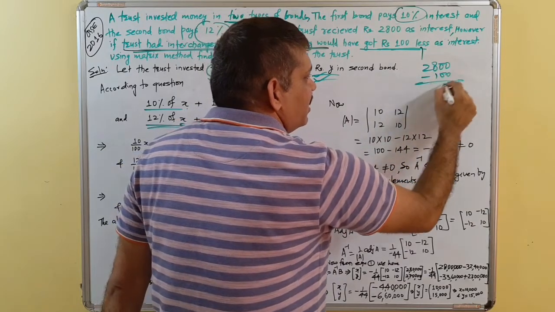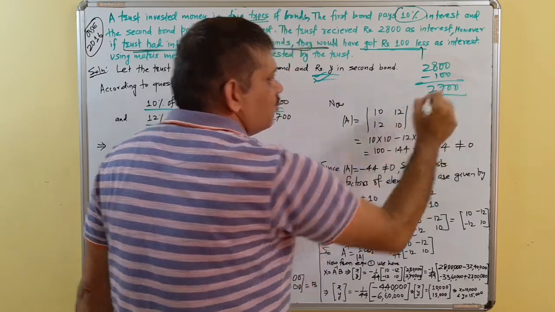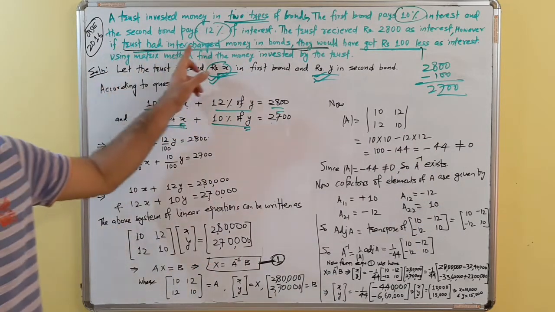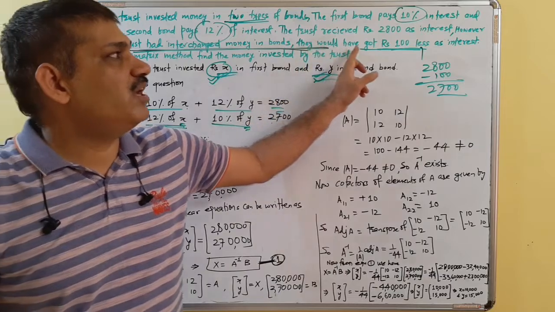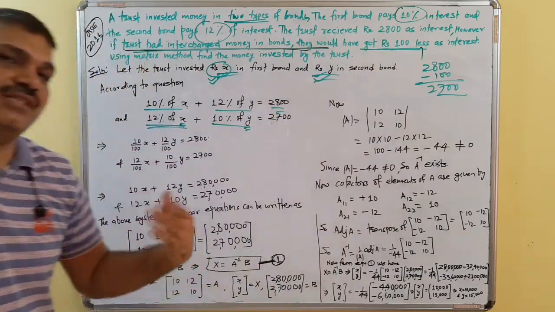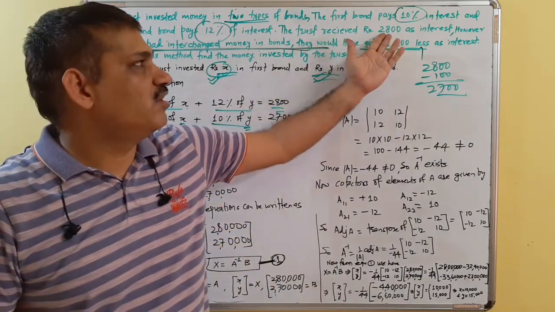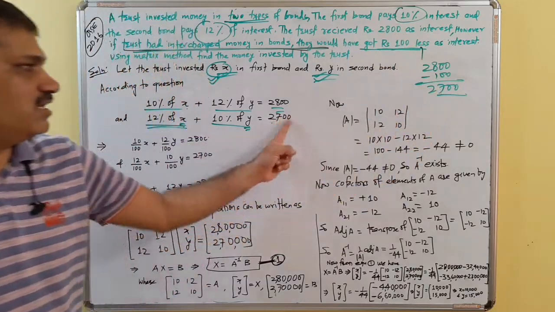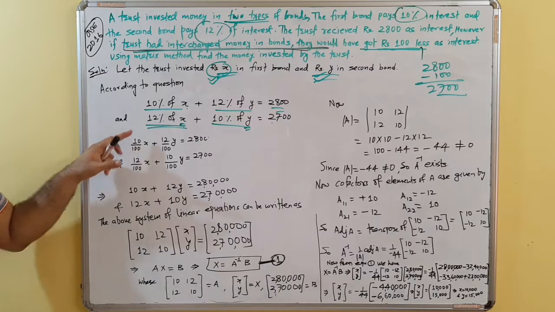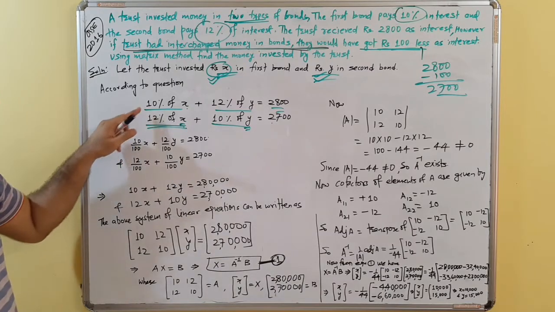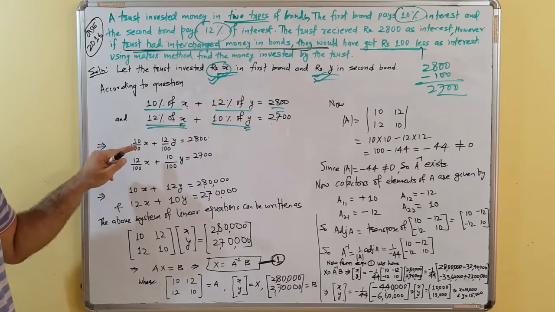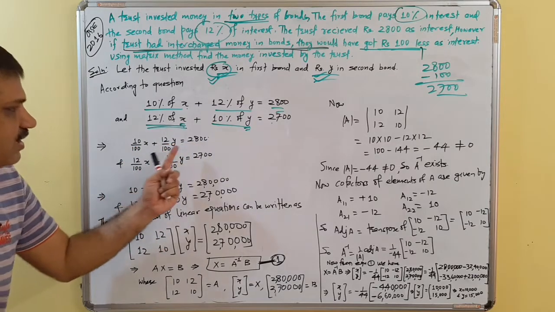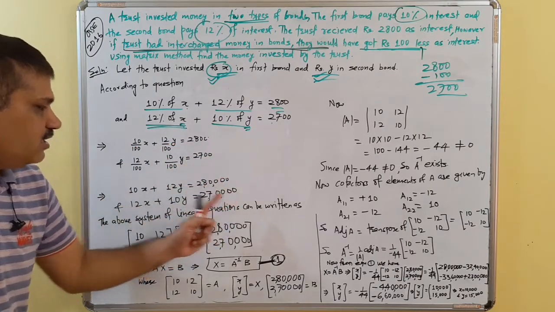If they get 100 less, that means they are going to get 2700 as interest. Now changing percentages to fractions, 10 by 100 times of x, 12 by 100 times of y, multiplying both the sides by 100, we get 270000.